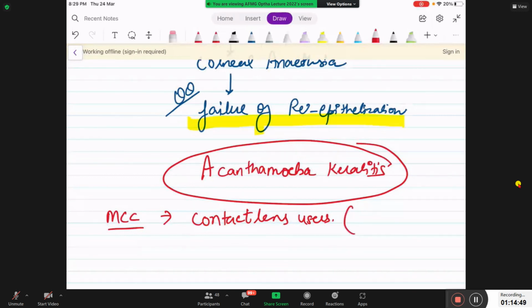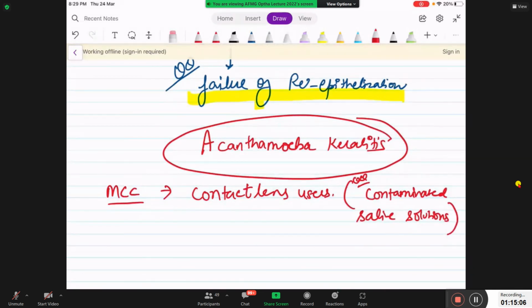And write down the problem in contact lenses: it lies in the contaminated saline solutions. So the most common cause is contact lens users. It can also be acquired from swimming pools.